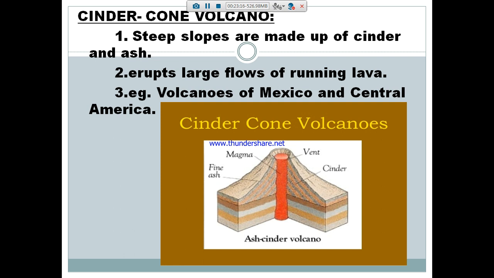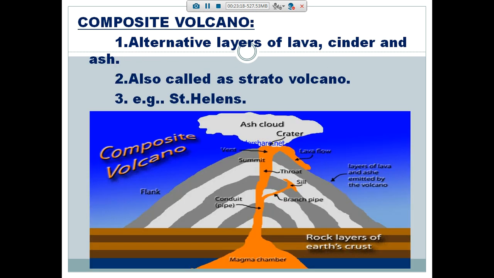And after that, composite volcano. These volcanoes have many rock layers. While it is erupting, the magma is released through many layers. Wherever it has holes, it will erupt outside.